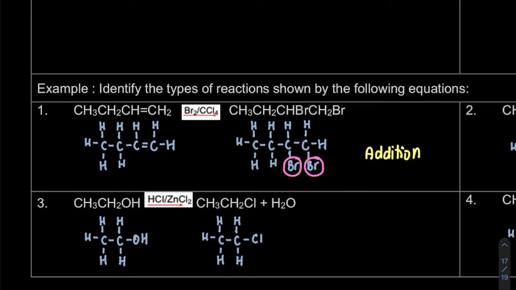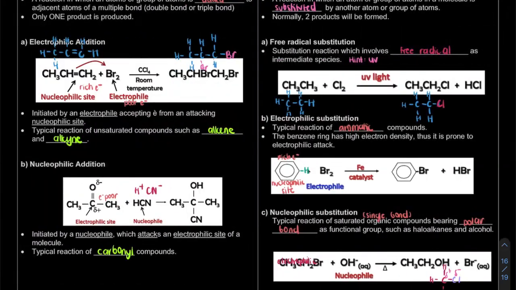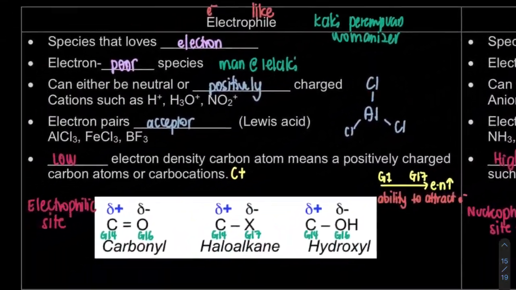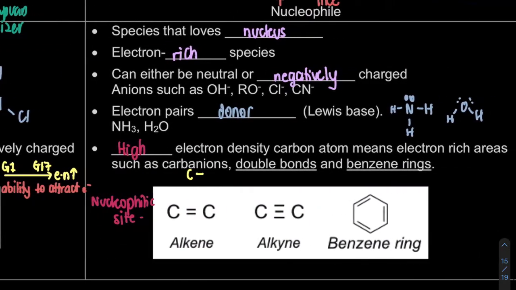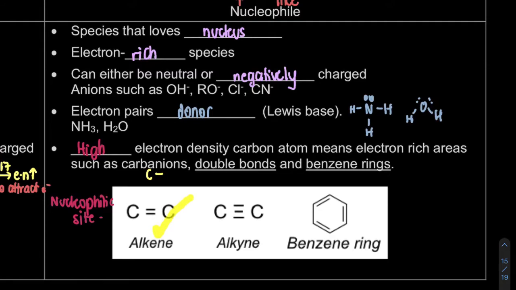From here, it is easier to determine based on the site itself. Is it an electrophilic or nucleophilic site? Let's look at the case here. That is a CC double bond. Do we have a CC double bond on the electrophile? No. The carbon-carbon double bond is here. So this is my nucleophilic site.